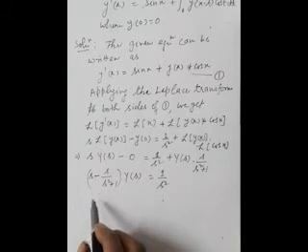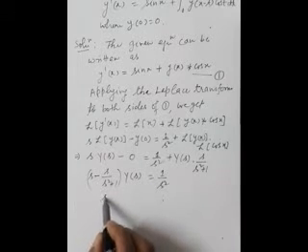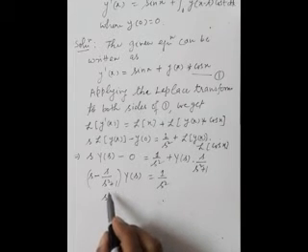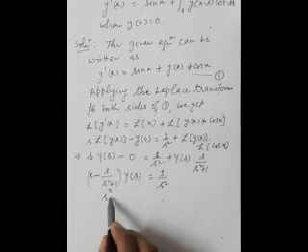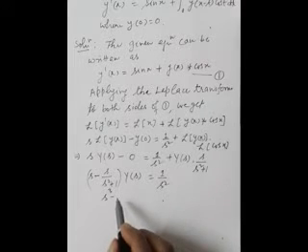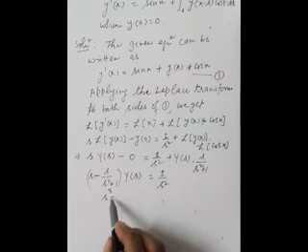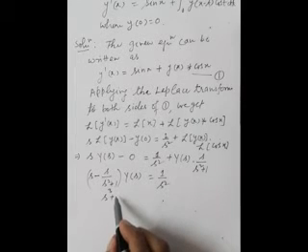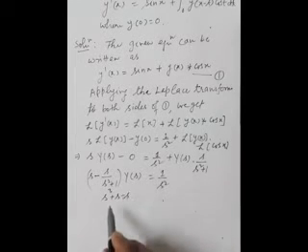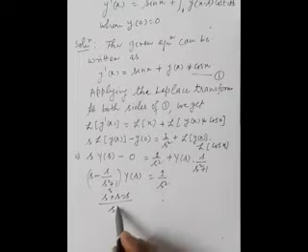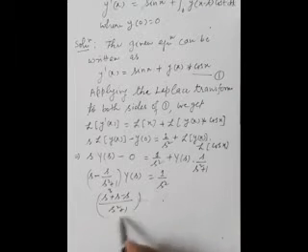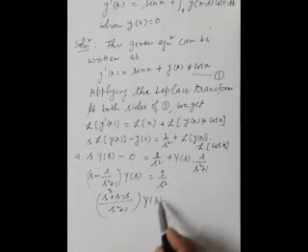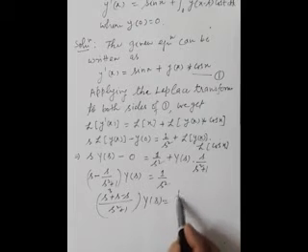So this implies s cubed over s square plus 1 times Y(s) equal to 1 upon s square plus 1.